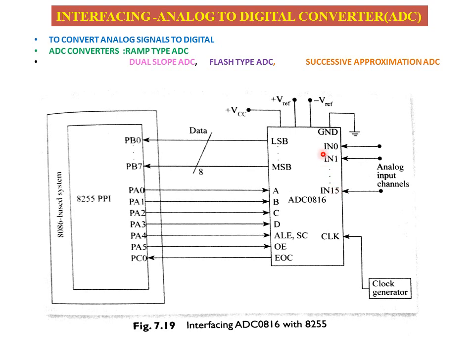To select any one of the input voltage channels, we use these 4 bits A, B, C, D. For example, if A, B, C, D is 0, 0, 0, 0, input signal IN0 is selected for conversion.